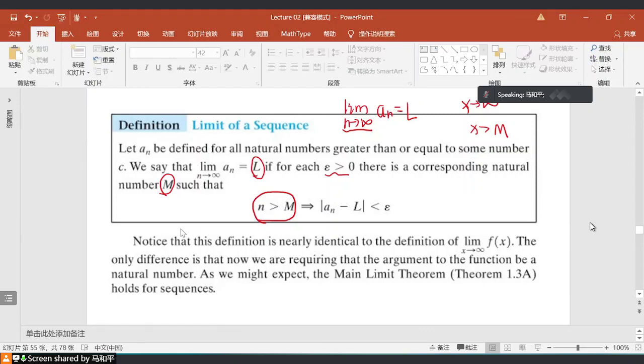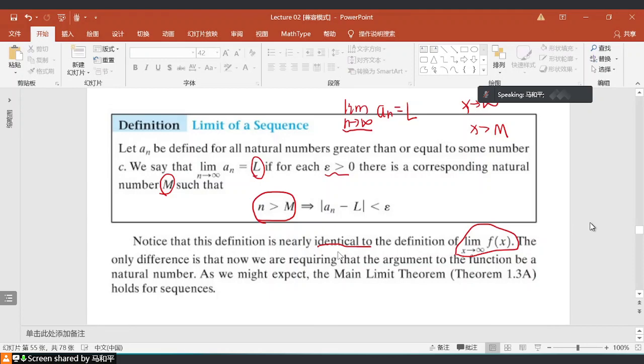Notice that this definition is nearly identical to the definition of limits at infinity of a function. The only difference is that now we are requiring that the argument to the function be a natural number. So this means n is 1, 2, 3, 4, 5, 6, 7, 100, and so on. And we might expect the limit theorems to hold for sequences.